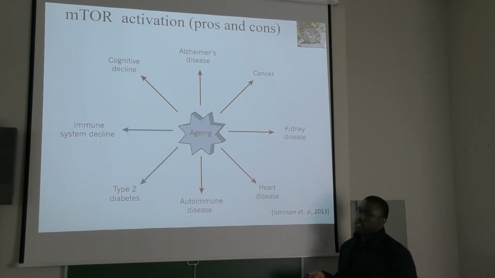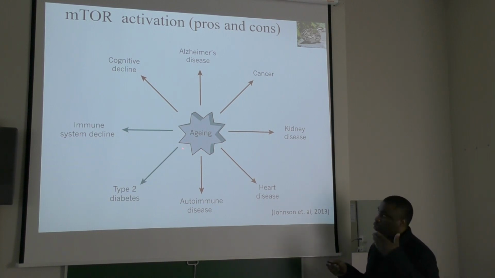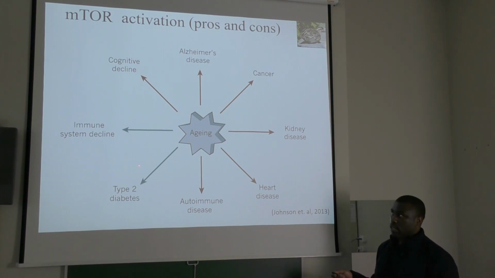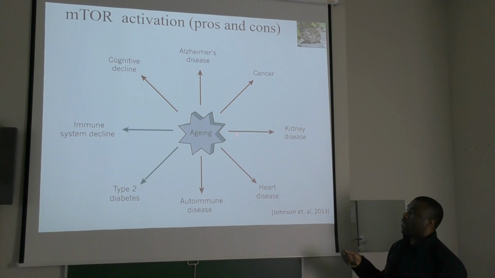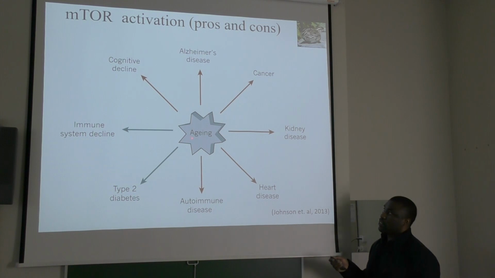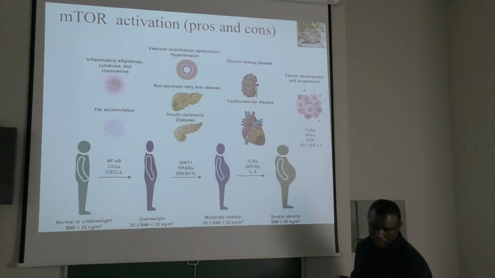But mTOR not only influences growth, it also causes some diseases connected to nutrients. When nutrients increase in the body, the immune system declines. This can cause diabetes and autoimmune disease, and can lead to heart disease and other diseases connected to aging. If you have these diseases, your aging might increase significantly.